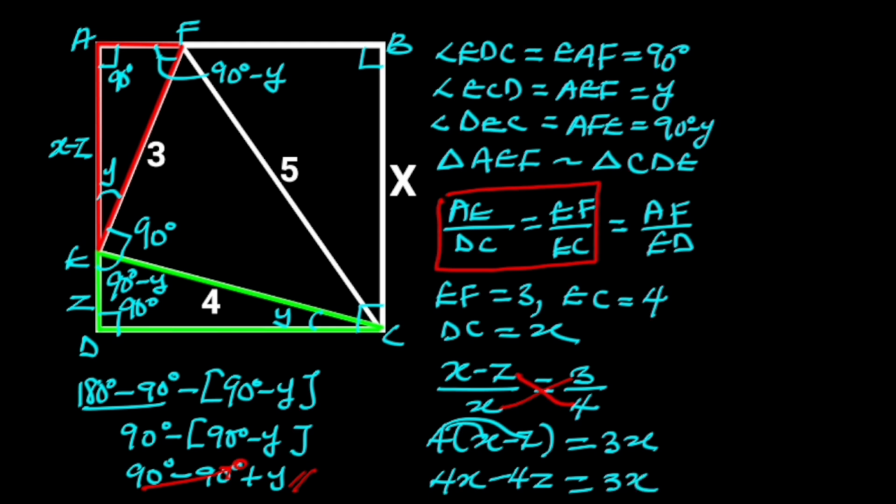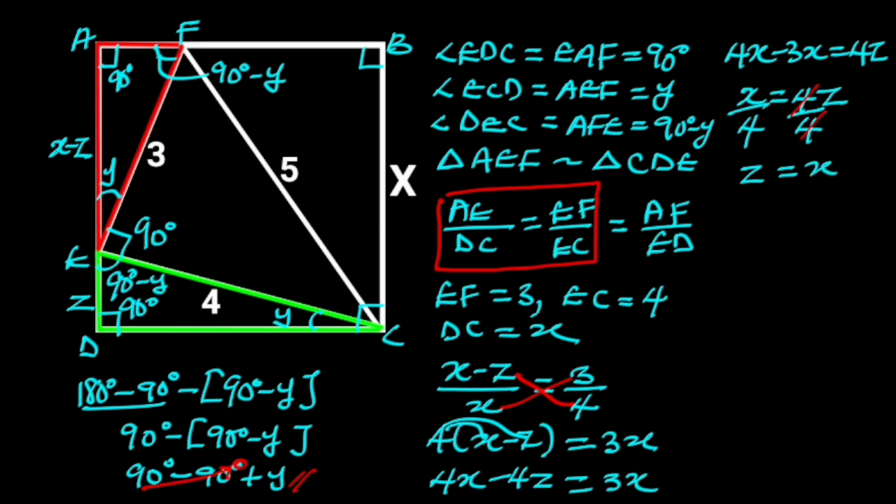Collecting like terms will leave us with 4x minus 3x is equal to 4z. 4x minus 3x is x. So, x is equal to 4z. Dividing through by 4 will give us z is equal to x over 4.